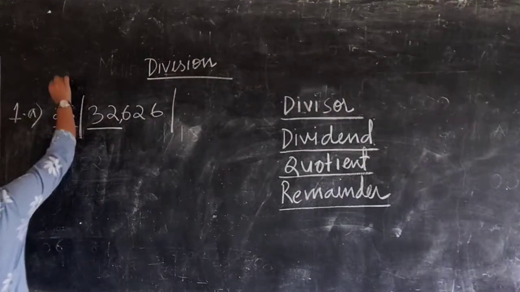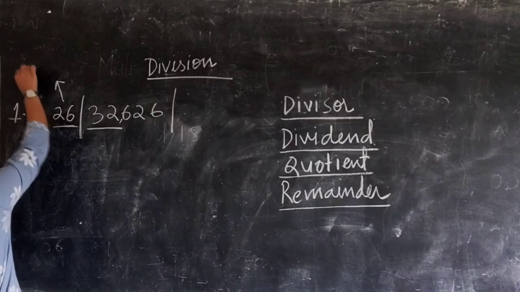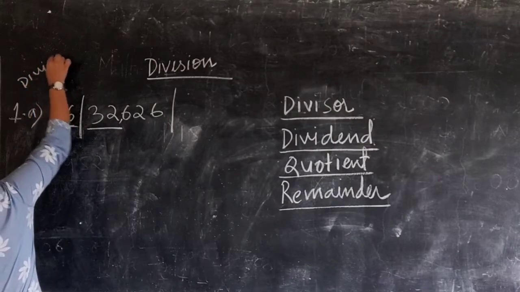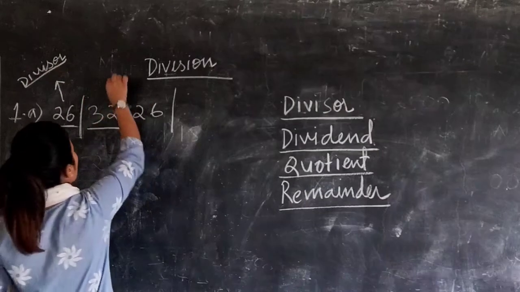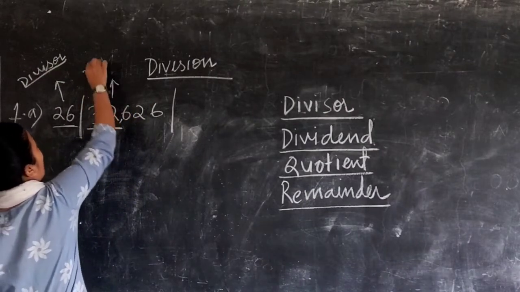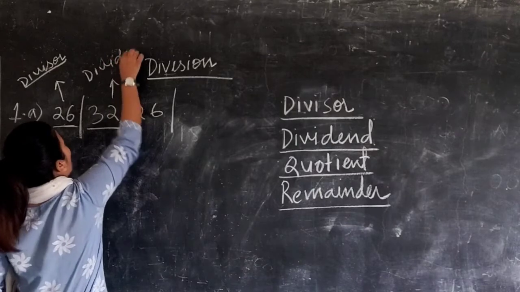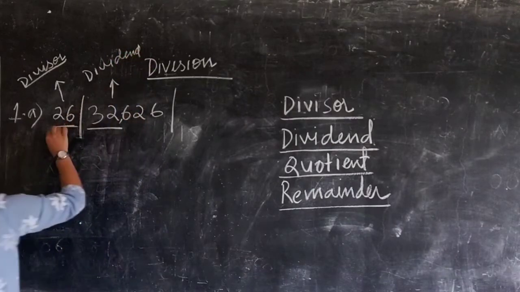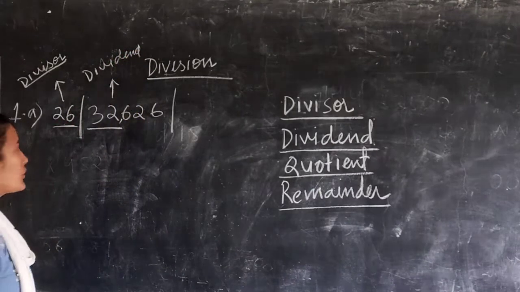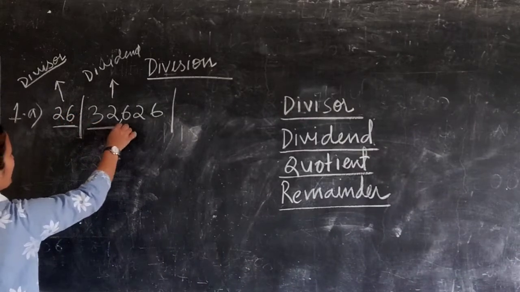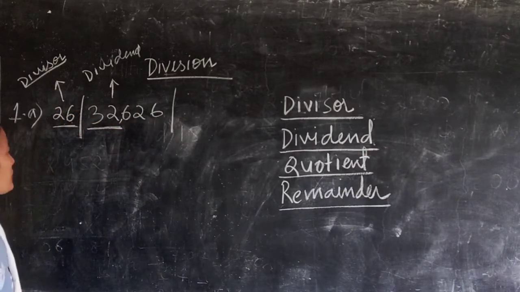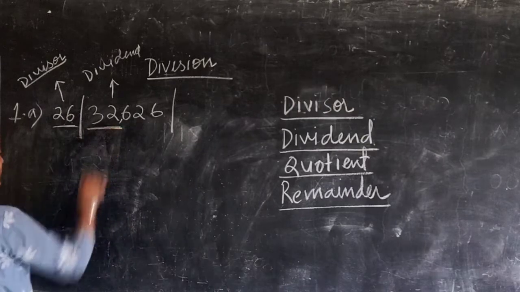Okay, so your 26 is your divisor, the one which is carrying out the operation, and the one where the division is taking place is referred to as the dividend. So I hope you understood these two terms, which one is divisor and which one is dividend. Okay, now if you look at the divisor, if you have two numbers, then in the case of dividend also, first you have to look at the two numbers.